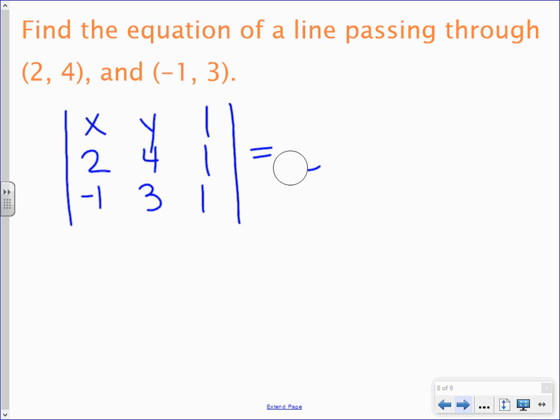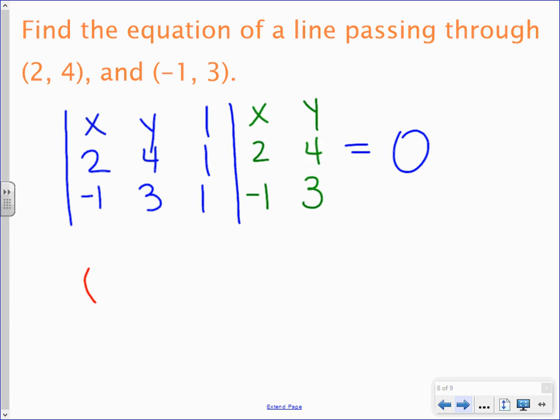I'm going to go ahead and, I guess I should move this equals 0 over here. Okay. So to find the determinant, we copy paste the first 2 rows. Okay, now when you do this determinant, you're going to get variables in your products, and that's okay.